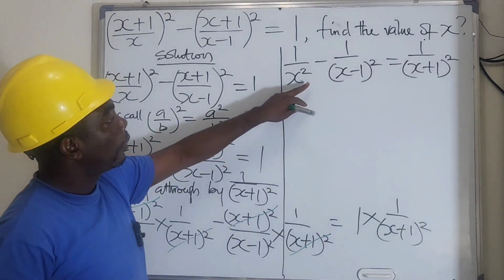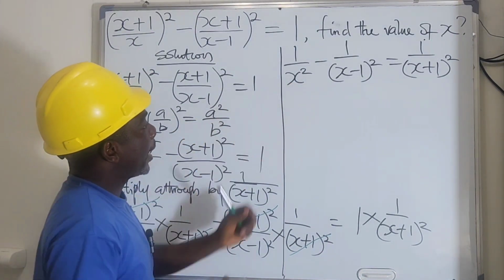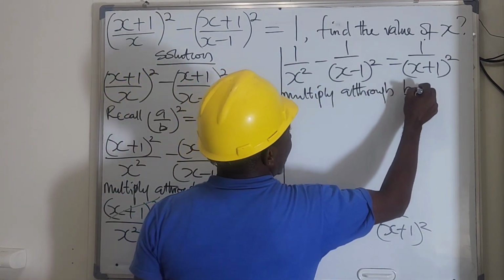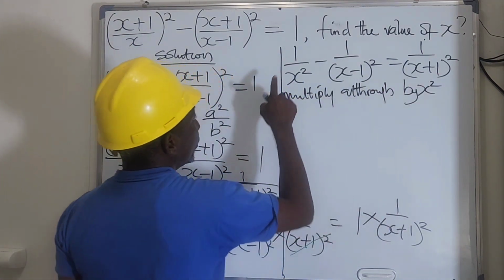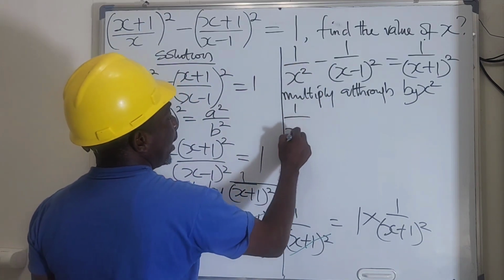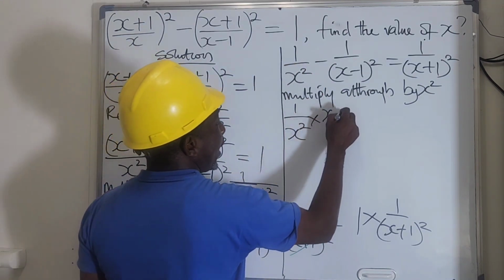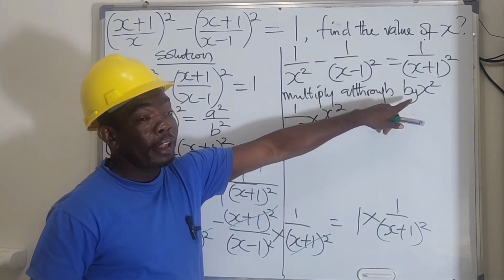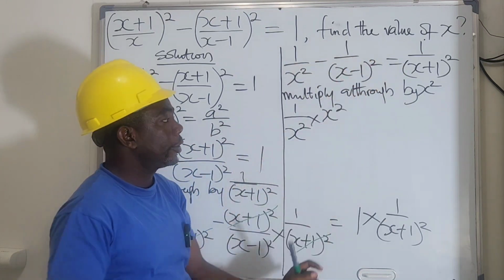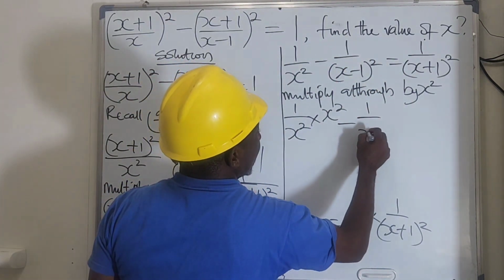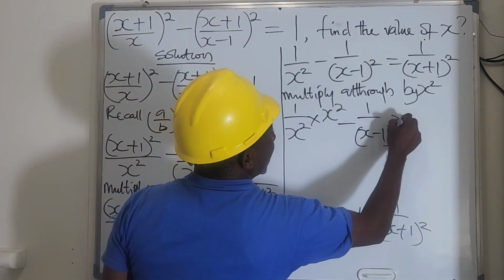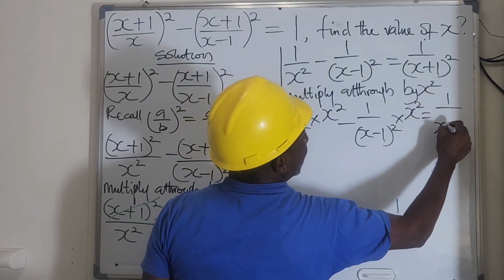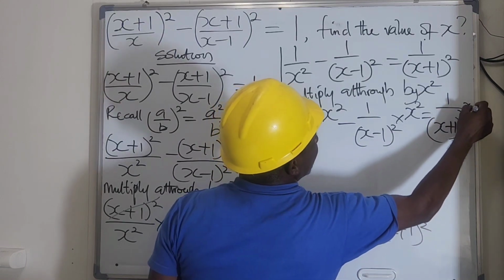So the next one is for us to clear this by multiplying all through by x squared. So this will become 1 all over x squared times x squared. So we are distributing the multiplication of x squared all through the fraction. Minus 1 all over x minus 1 squared times x squared equals 1 all over x plus 1 times x squared.